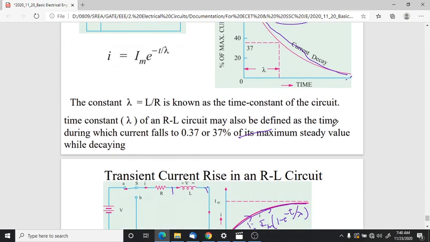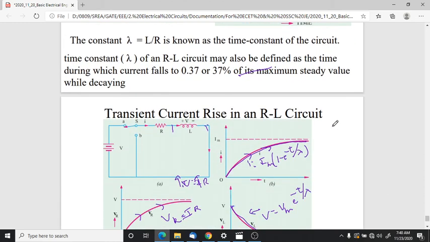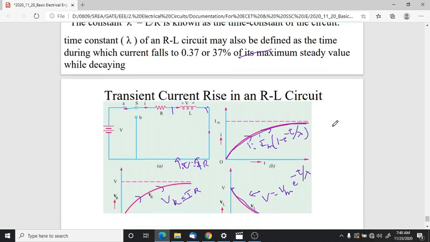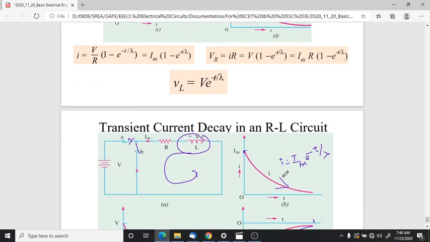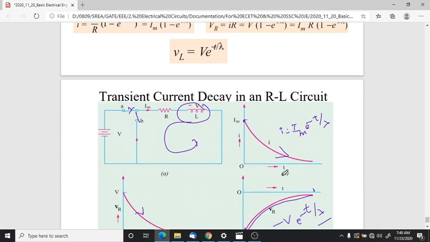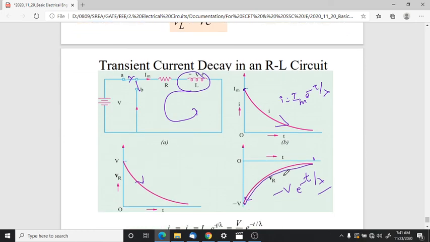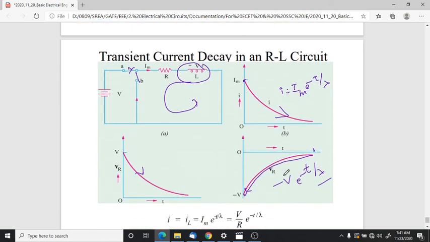If there is an RL circuit, what are the current and voltage equations in the RL circuit, and the formulas are also given. These formulas are important. It is similar to the capacitor formulas also, but you need to understand the concept of why it is increasing and why it is decreasing. That is the concept of resistors and inductors. Transient current decay in the RL circuit we have also seen.